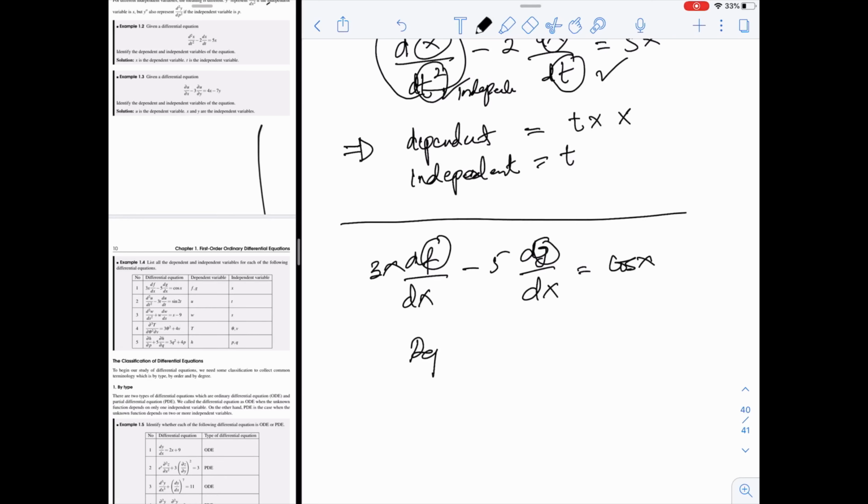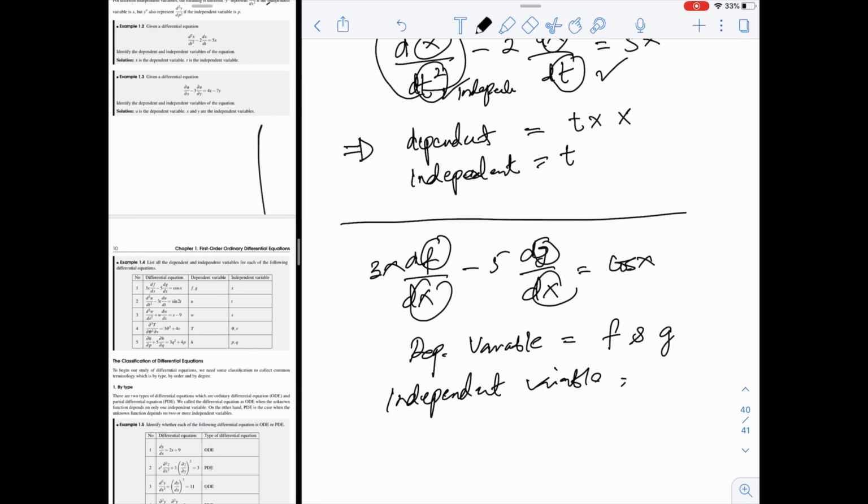So the dependent variables you will identify are f and g. And then what is the independent variable? It is the below one here, so you will have x.